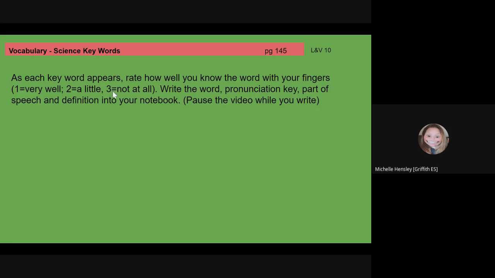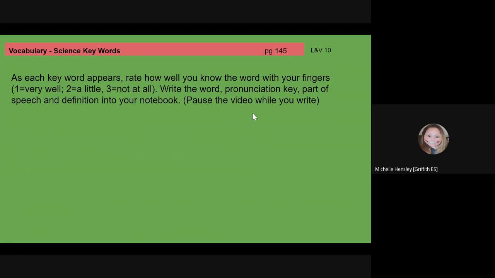Or 3, you don't know the word at all. You can show a 1, 2, or 3 on your fingers, say it quietly to yourself, or jot it down in your notebook next to the word as you write it down. That way you can see how well you knew it at the beginning of the unit and how well you know it at the end of the unit. That would probably be fun to learn.